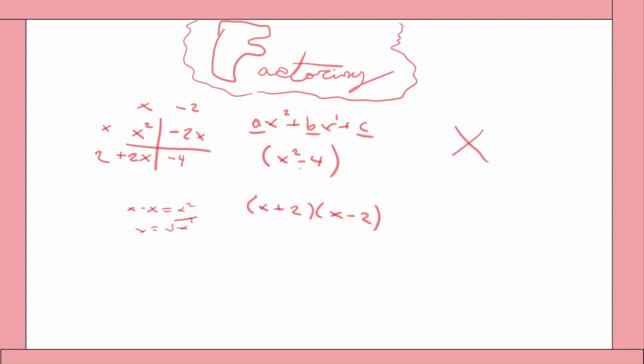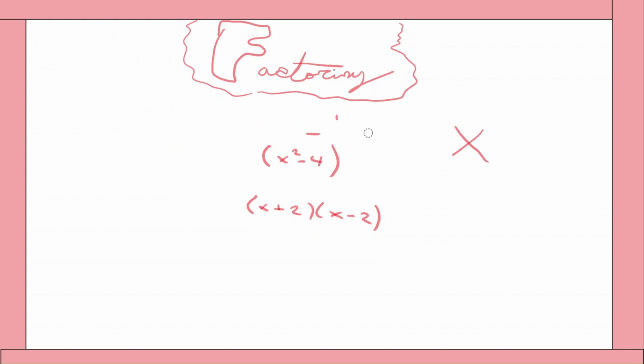So if we take the root of x squared, we get x. If we take the root of 4, we do seem to get 2. So let's see if that follows suit with other things. If we take a similar problem, will it work out just the same?